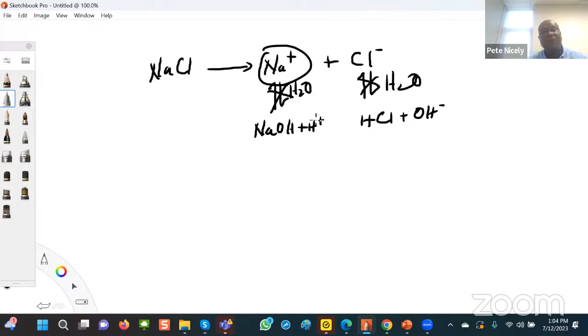You won't have any extra H plus being produced, and you won't have any OH minus being produced. So the sodium chloride solution is neutral, because you won't have any H plus or OH minus produced as a result of the ions reacting with water. That's why any solution of sodium chloride will have a pH of 7.